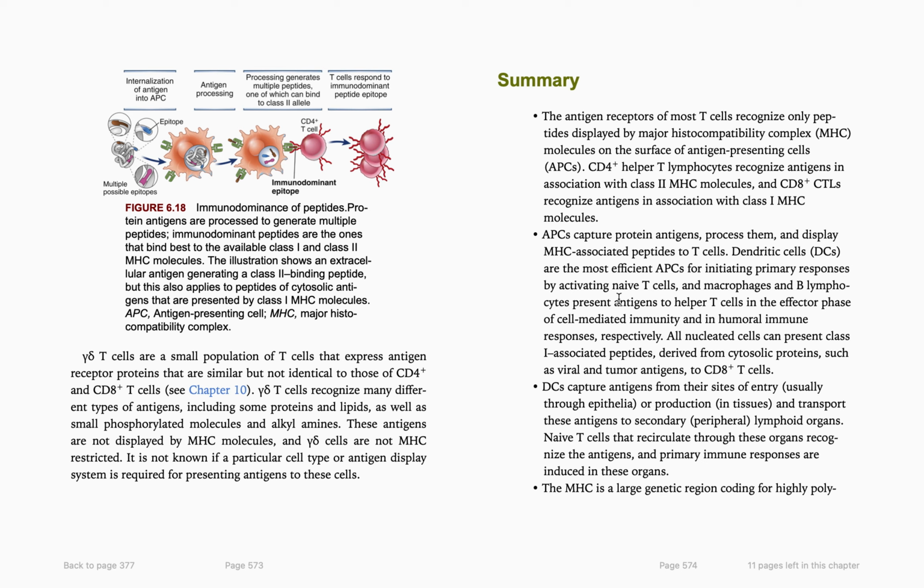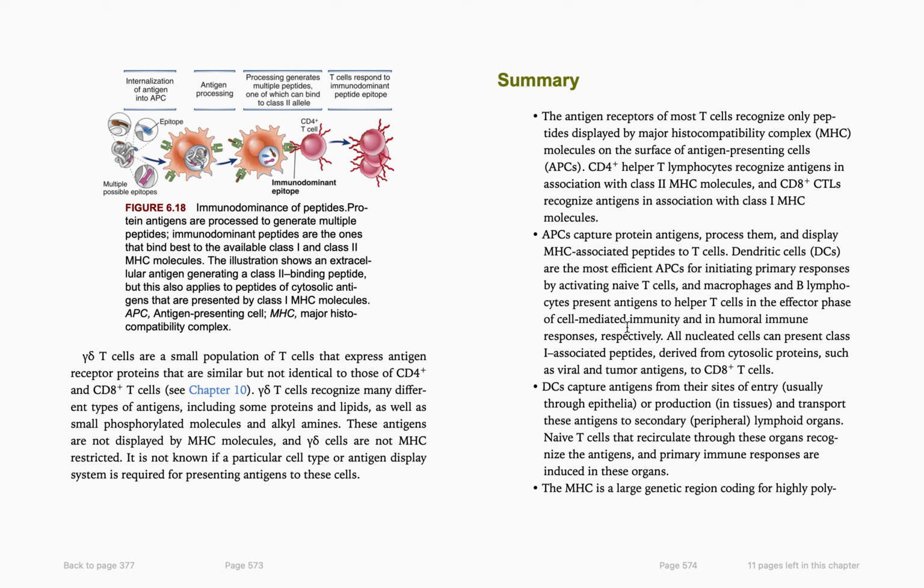Dendritic cells are the most efficient antigen presenting cells for initiating primary responses by activating naive T cells, and macrophages and B lymphocytes present antigen to helper T cells in the effector phase of cell-mediated immunity and in humoral immune responses, respectively.